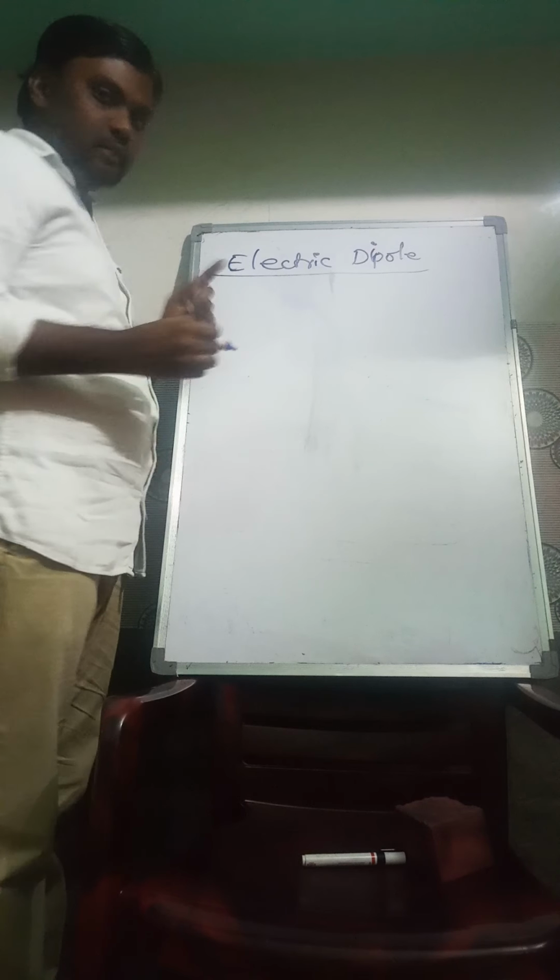Good morning, students. In the last class we studied the electric dipole, and in this particular case, we have studied one case, that is the field on the axial line.